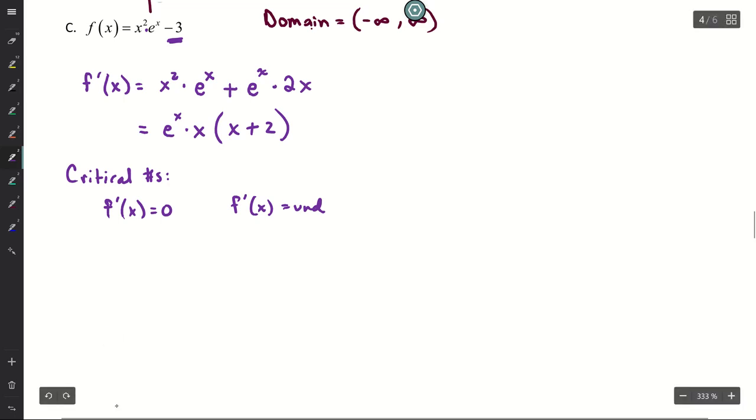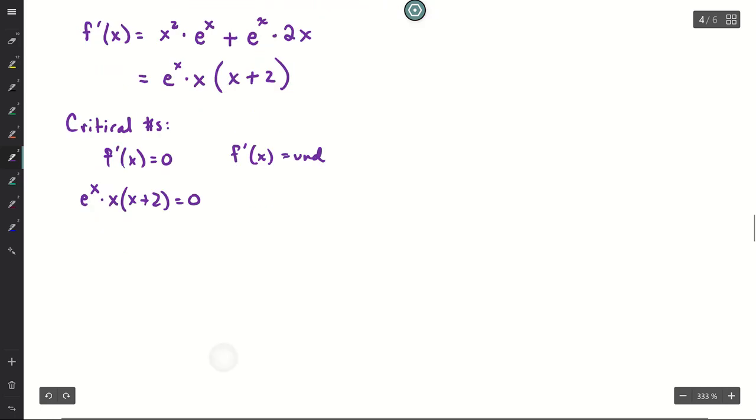So that would mean that e to the x times x times x plus 2 is 0, which would mean e to the x is 0, x is 0, or x plus 2 is 0.